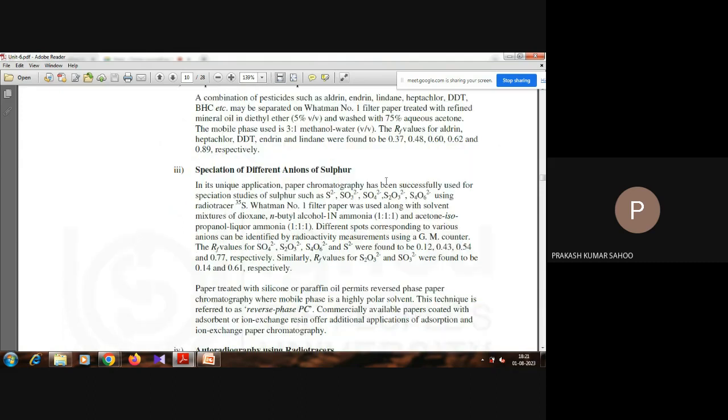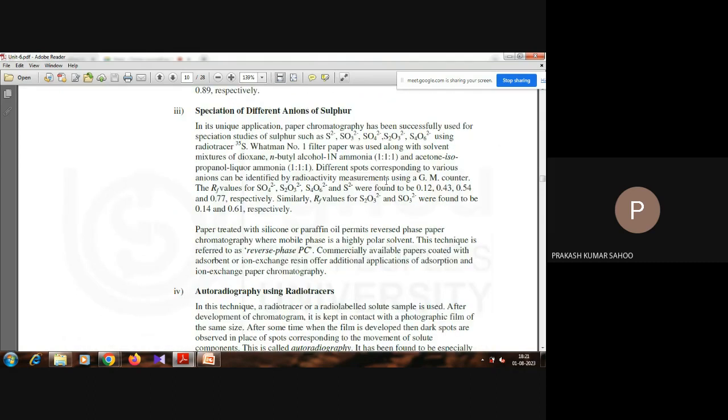Then separation of different anions of sulfur. These are the different anions: sulfide, sulfite, sulfate, disulfate, and thiosulfate, using the radio tracer S35. This is one radioisotope of sulfur.